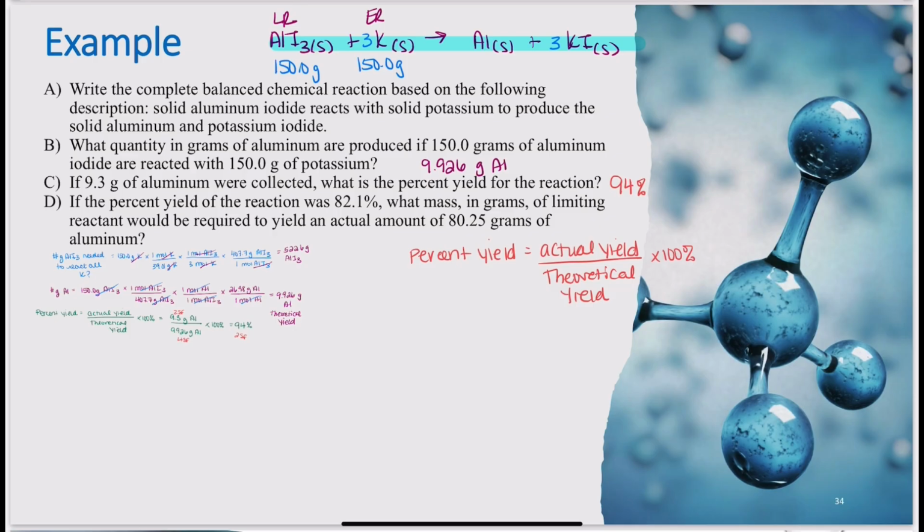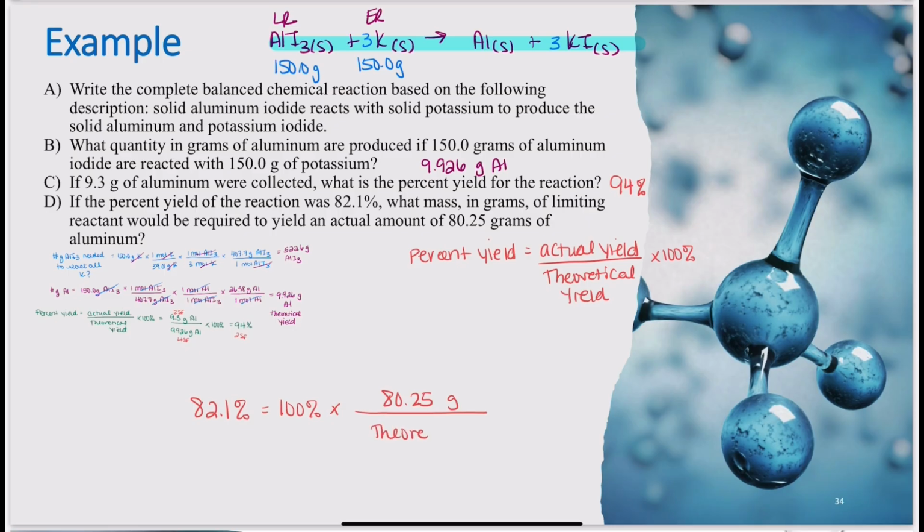times 100%. So I want a percent yield of 82.1%. I want my actual yield here to be 80.25.